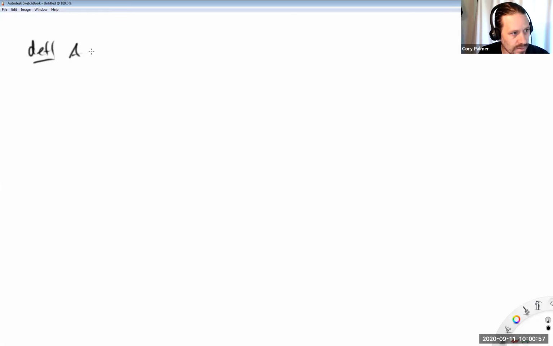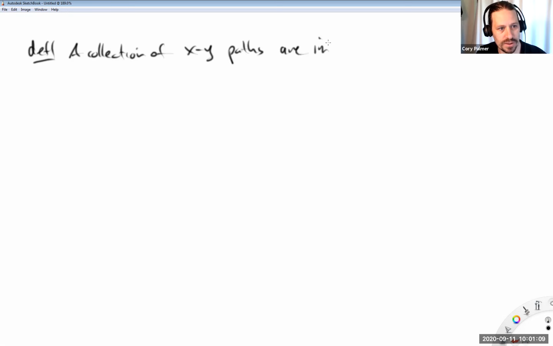A collection of xy paths. Remember, xy paths are just paths that start in x and end in y. They are internally disjoint if each pair of them only shares the end vertices x and y, so they're otherwise disjoint from each other.